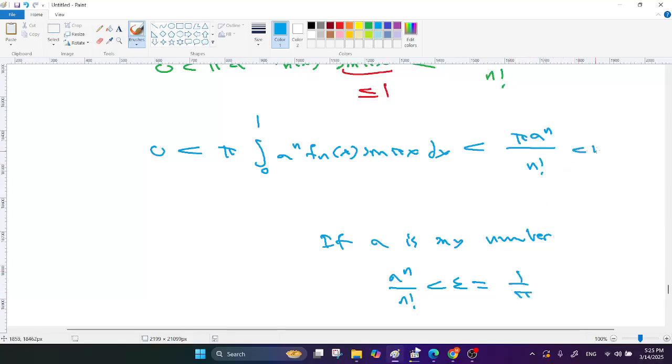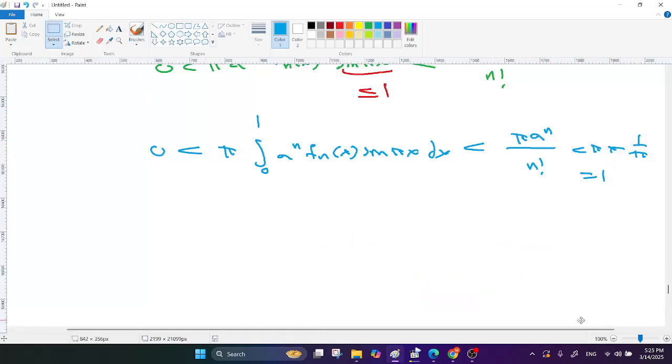So here we get π times 1 over π, which is 1, because aⁿ over n factorial is less than 1 over π. So what we have proved is the following, and this is a contradiction. We have this, and this is less than 1.